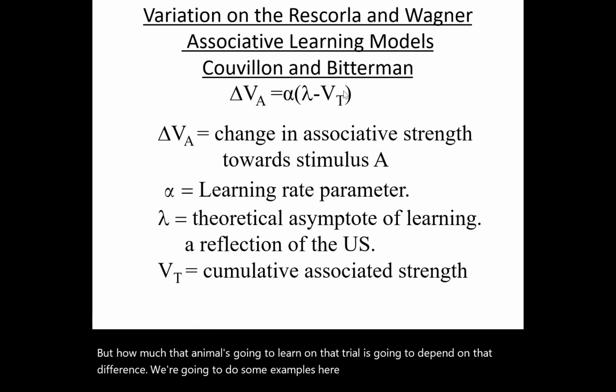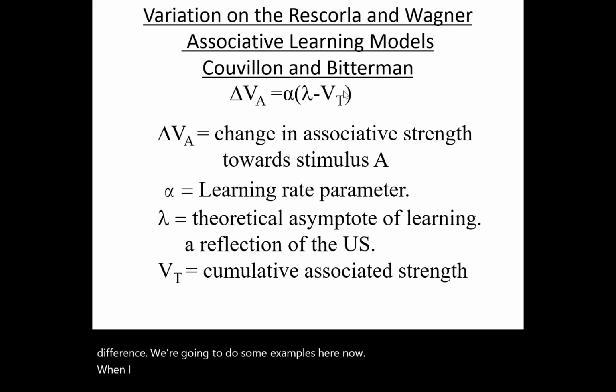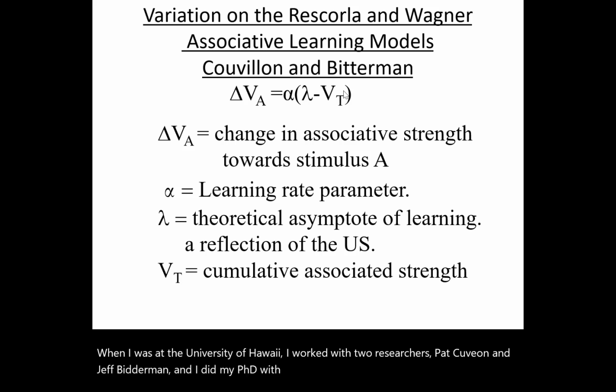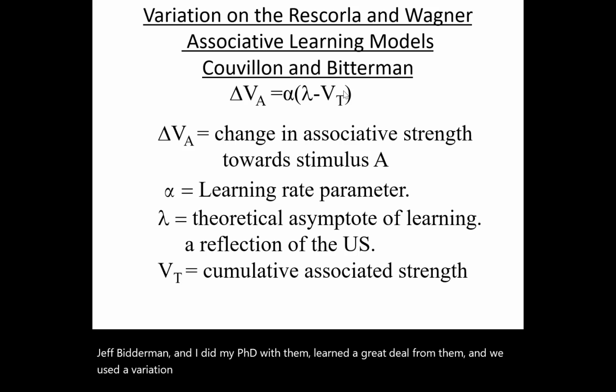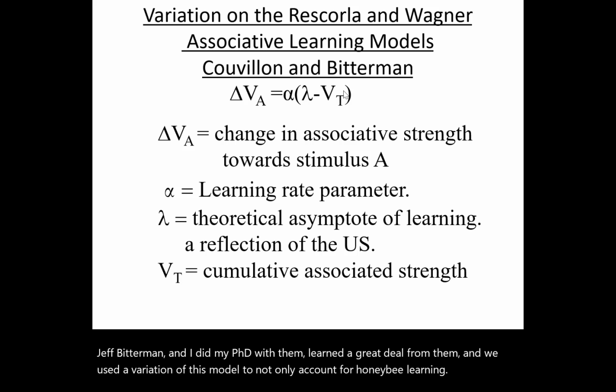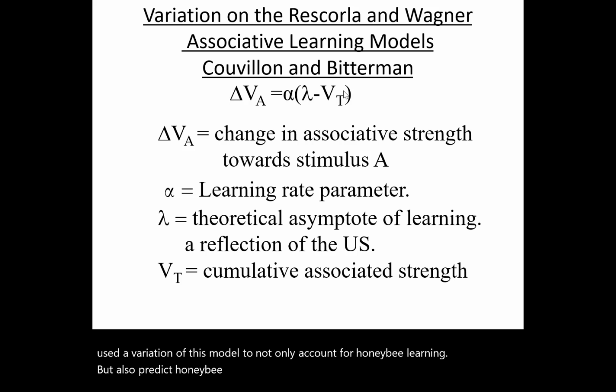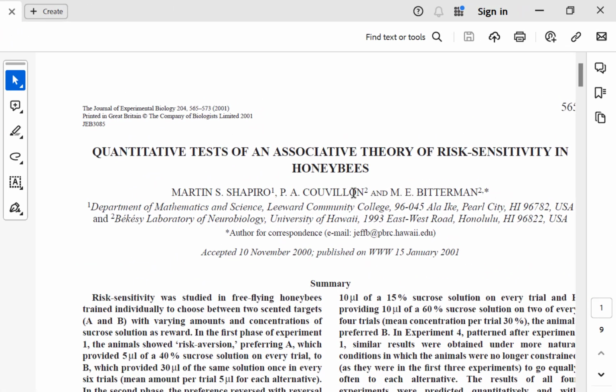Now, when I was at the University of Hawaii, I worked with two researchers, Pat Couvillon and Jeff Bitterman. And I did my PhD with them. Learned a great deal from them. And we used a variation of this model to not only account for honeybee learning, but also predict honeybee learning in other circumstances. So, here's a paper that I wrote a long time ago.